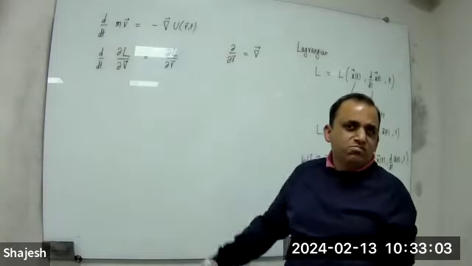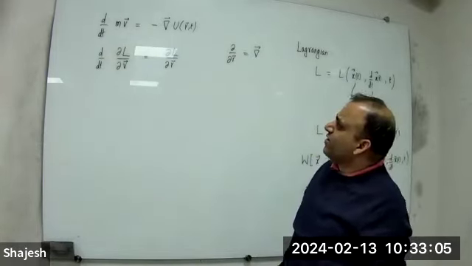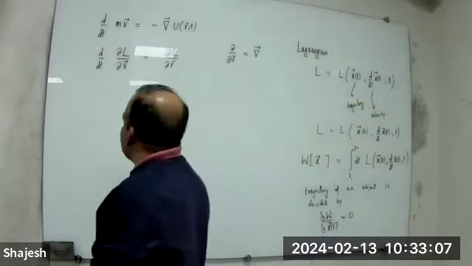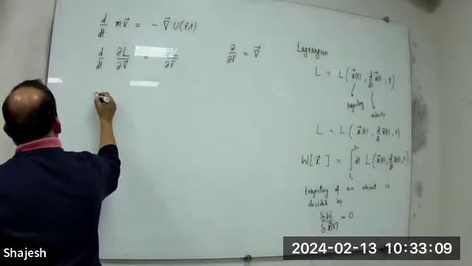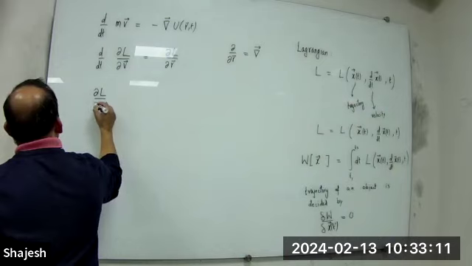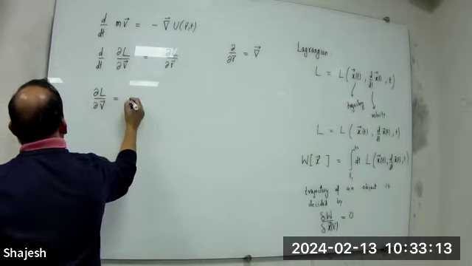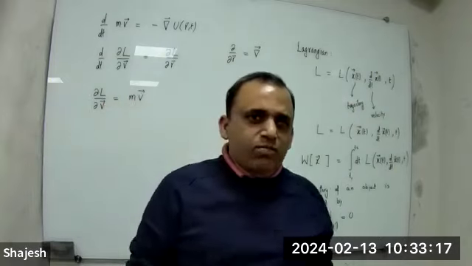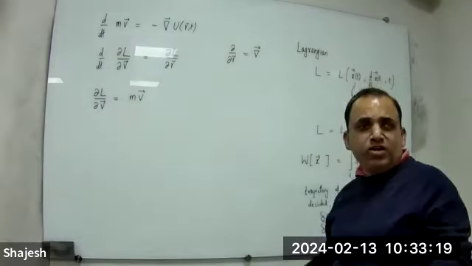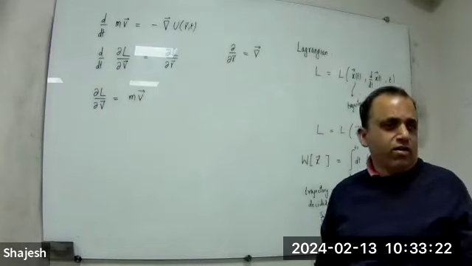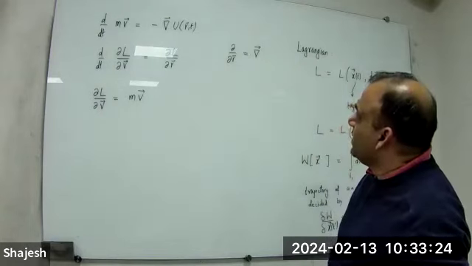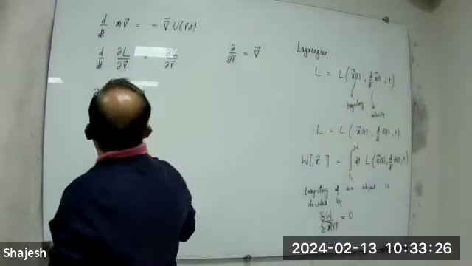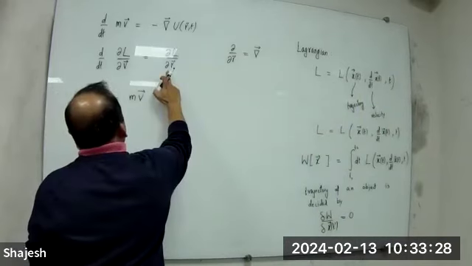I read it out, so there is a differential equation. The suggestion seems to be that maybe dL by dv is equal to mv. At least one solution, may not be the unique solution. We have to ask, is the Lagrangian unique or not? That's part of your homework also. And on the right hand side, maybe this is a gradient, right?